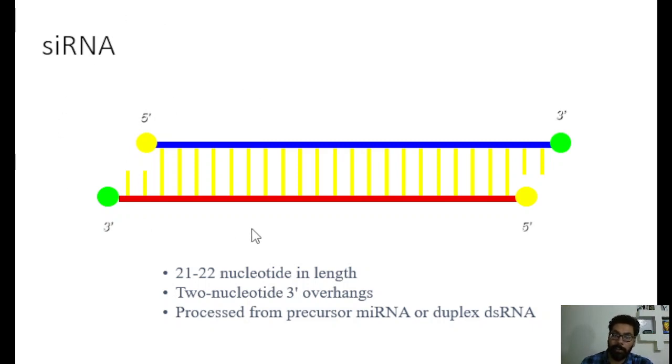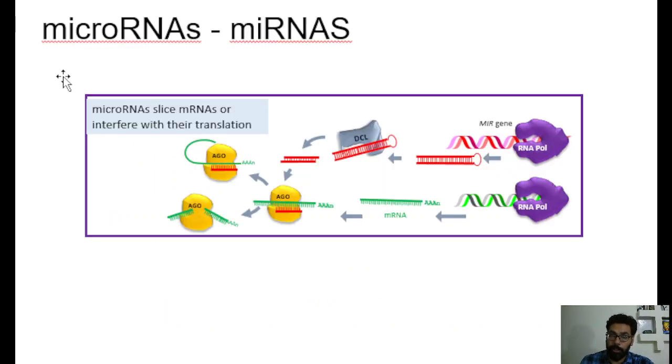One is the siRNA. siRNAs, as we already discussed, after the chopping by DCL, are 21 to 22 nucleotides in length, and they specifically have a 2 nucleotide 3' overhang for recognition by the Argonaute protein. It will be further processed for RNA interference. The other type of small RNAs are the microRNAs.